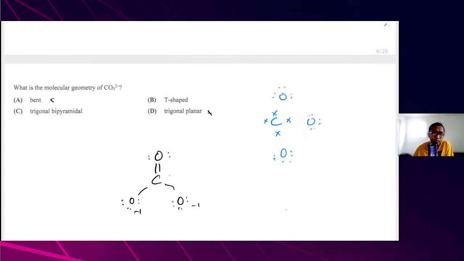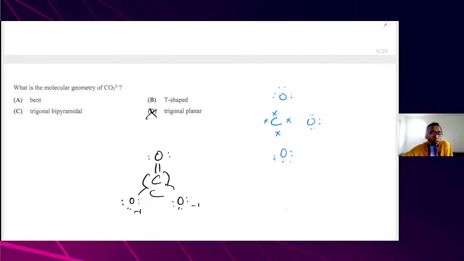Okay, so yes, this one is better. So now we can see that this one should be trigonal planar. Okay, trigonal planar.